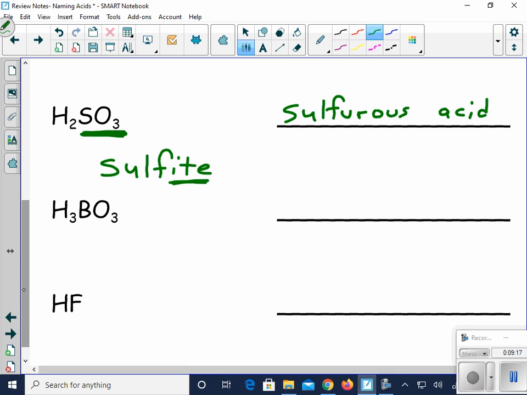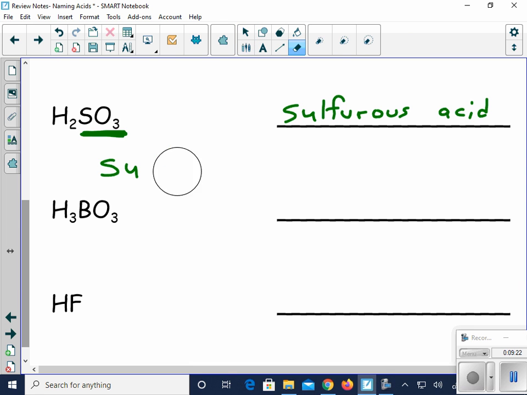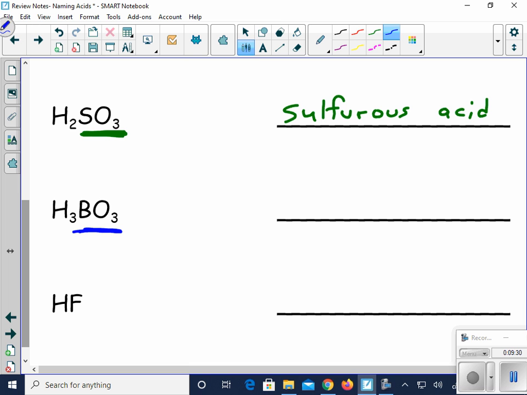My second one here, H3BO3. I see the H starting things out, so I know I'm dealing with an acid. I'm trying to find BO3. I look on my ion sheet. Can I find a BO3? Absolutely I can.